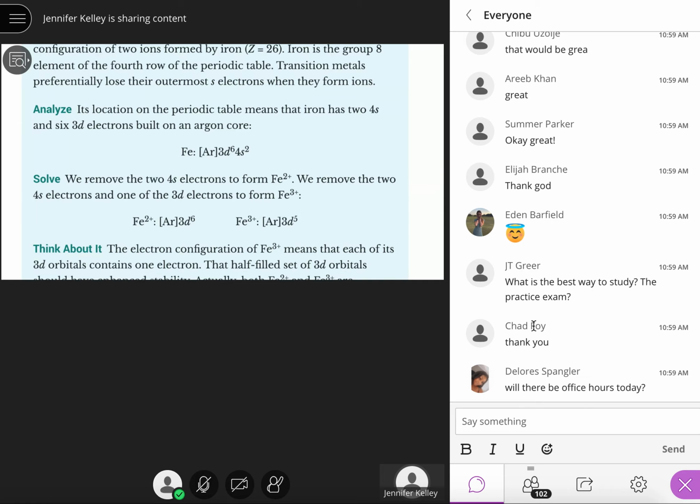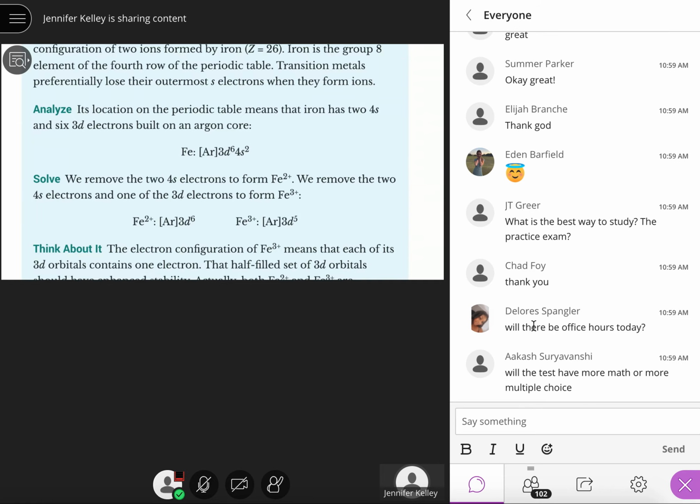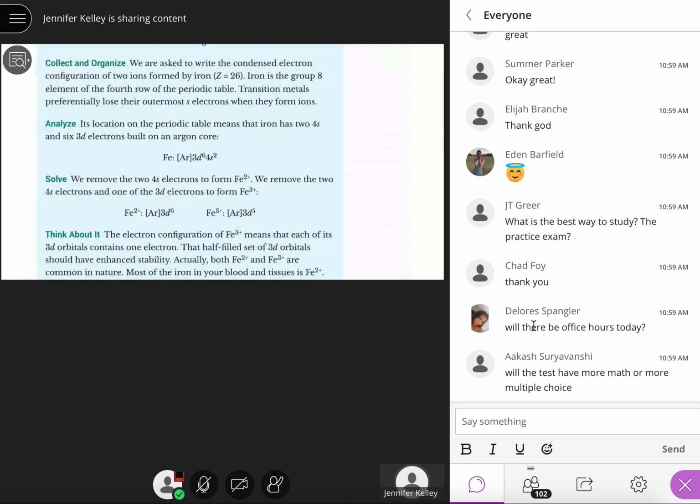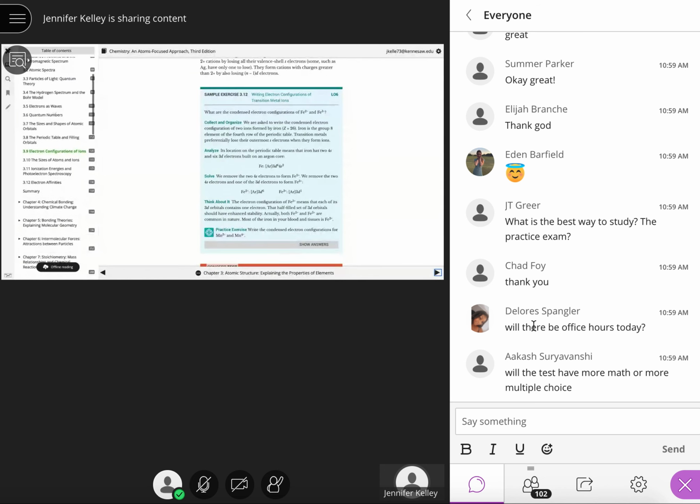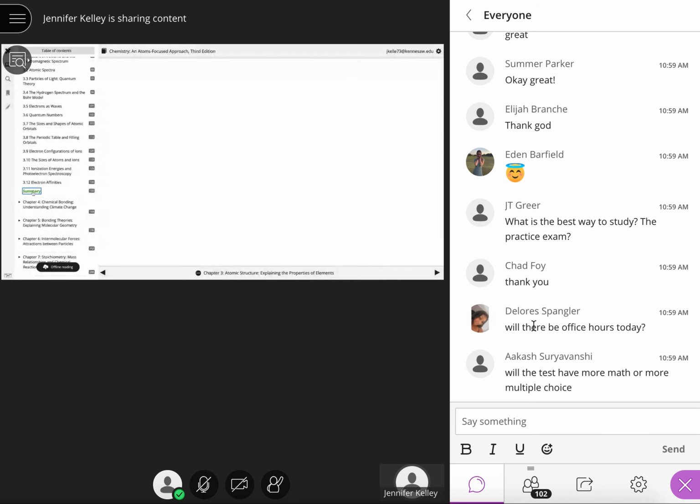Okay, so the best way to study for the practice exam is to make sure you've done all your reading. Make sure you've done the best you can on your homework. If you're still not understanding it, at the end of each chapter are practice problems. For example, in chapter 3, looking on the left, you'll see the periodic table.